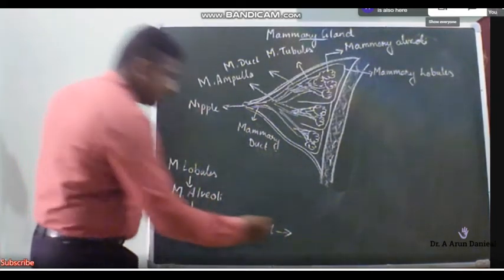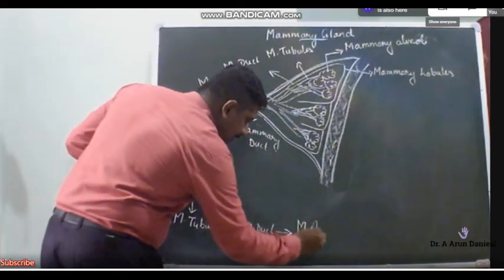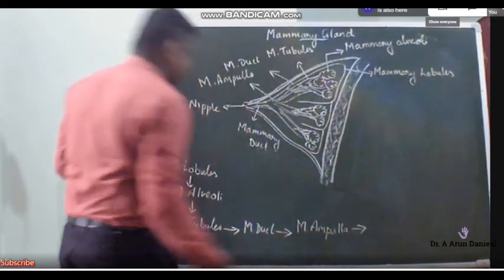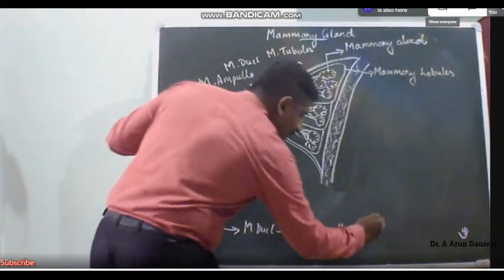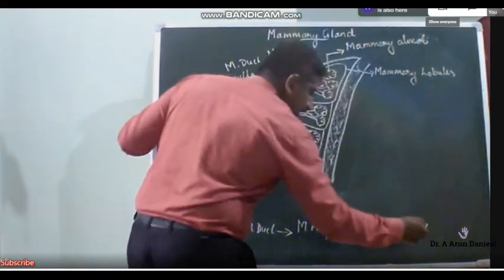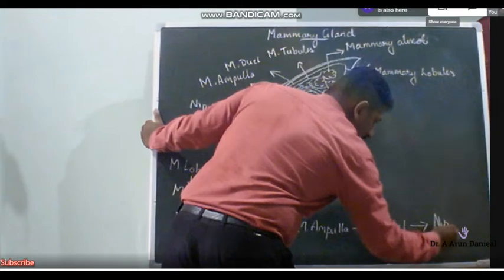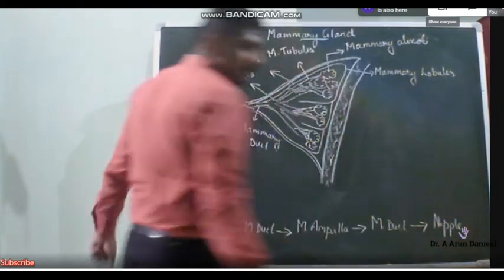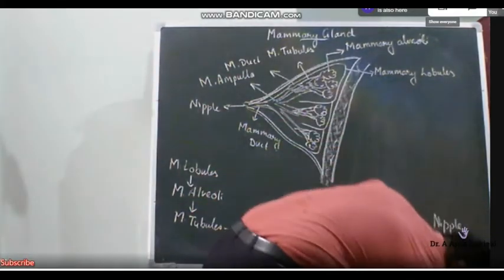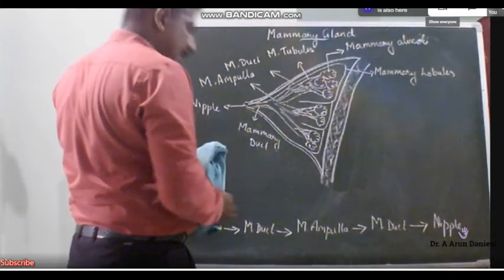The mammary duct leads to the mammary ampulla, the wider part. The mammary ampulla leads to the lactiferous duct, and the duct leads to the nipple through which milk is sucked out. So these are the various things you must know in the mammary gland.